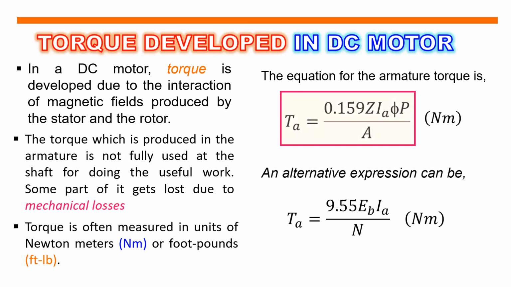An alternative expression for the armature torque is equal to 9.55 multiplied by the back EMF multiplied by the armature current, all over the speed of rotation. Again, the unit is Newton meter.